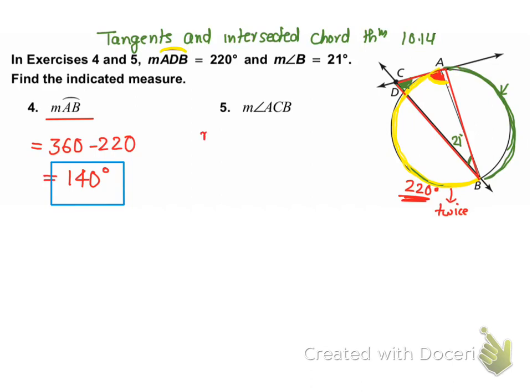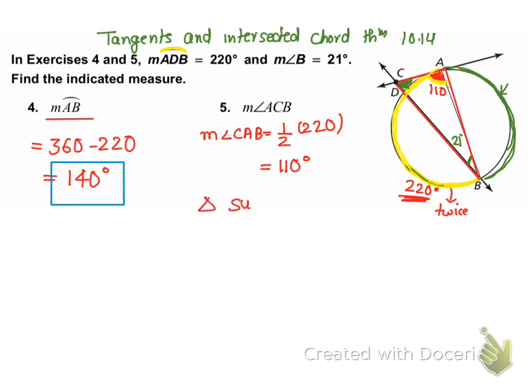So the measurement of angle CAB is half of 220, and that's going to be 110. So I got that this is 110. Now it's a triangle, and you can use the triangle sum theorem.